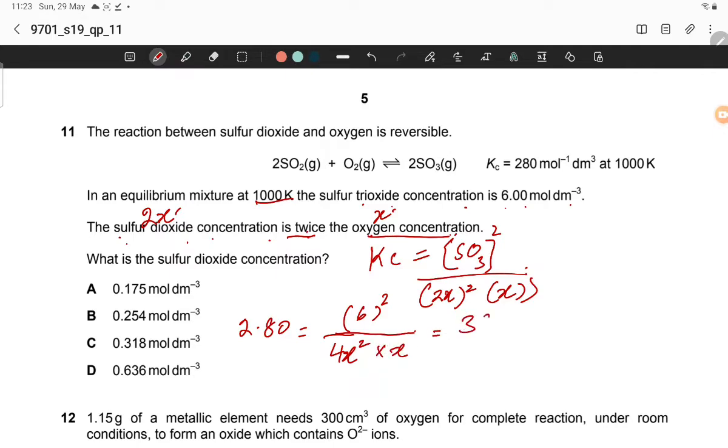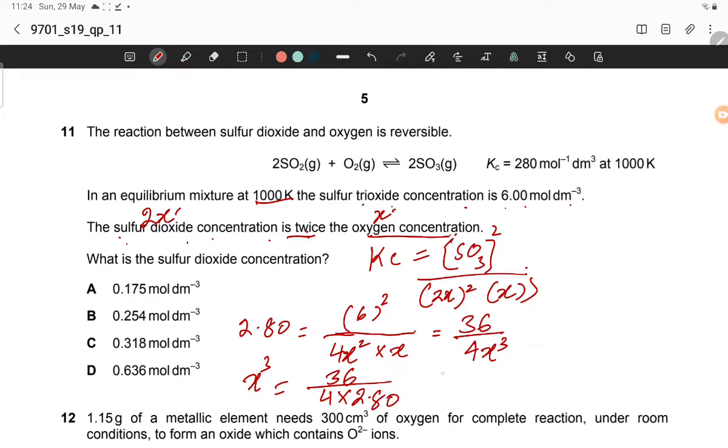This is equal to 36 divided by 4x cube. So x cube is equal to 36 divided by 4 into 2.80.